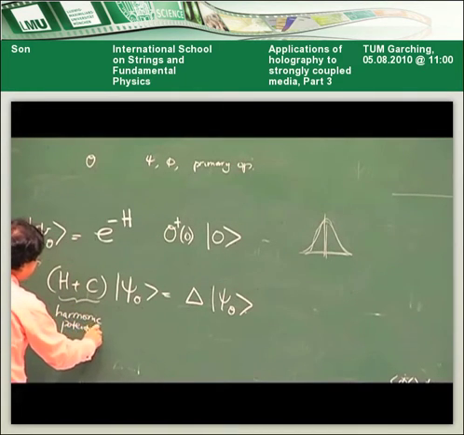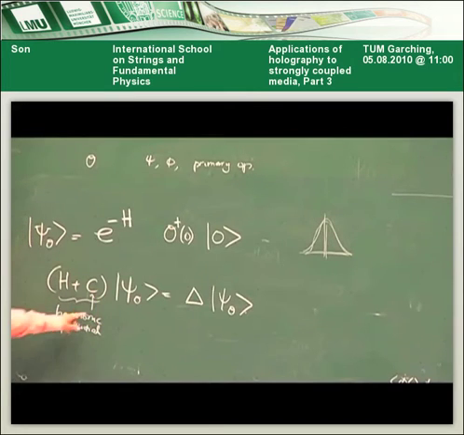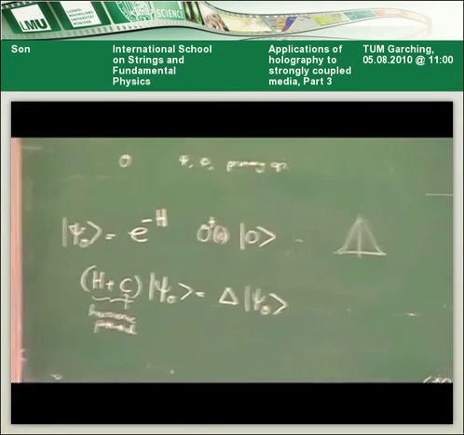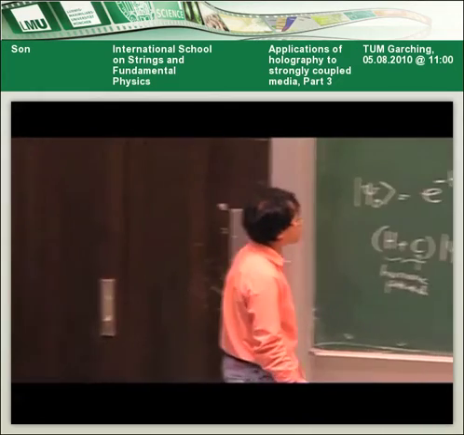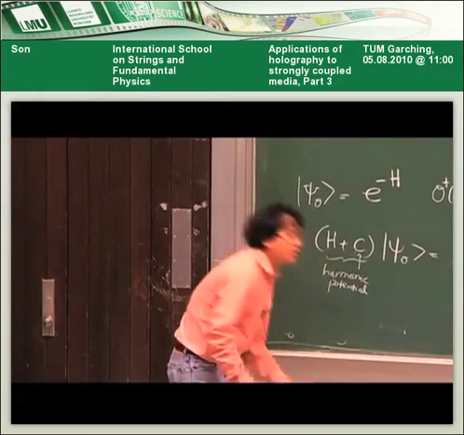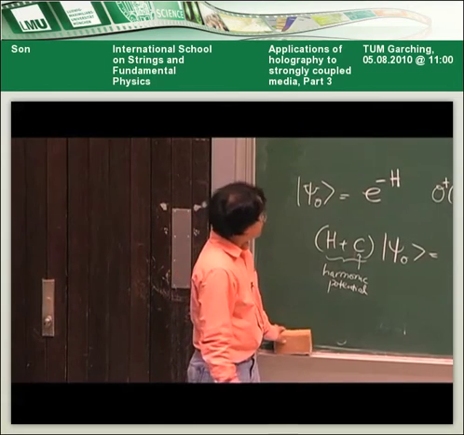The harmonic potential, putting the system in a harmonic potential, corresponds to adding C into the Hamiltonian. You write e to the minus H. No coefficient.